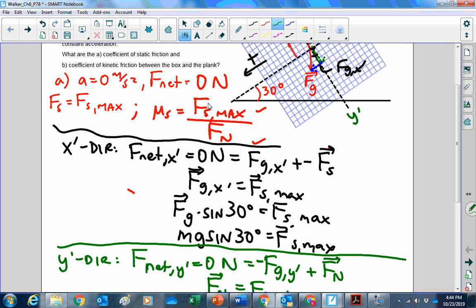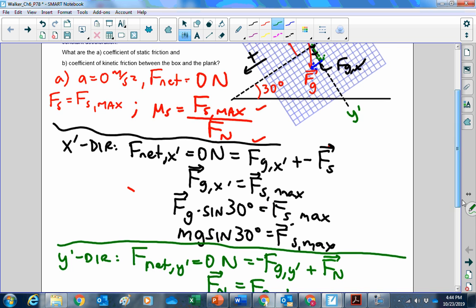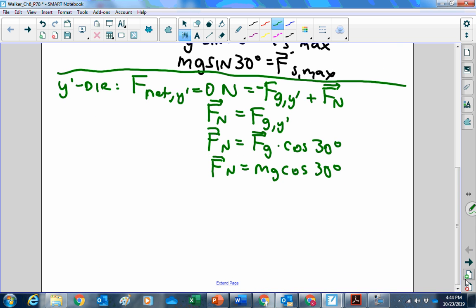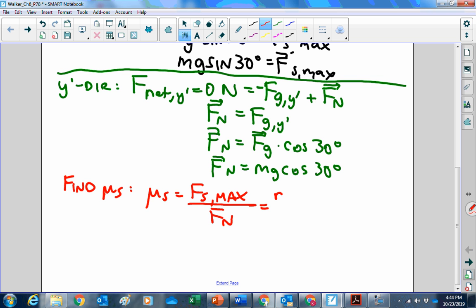So then when I go to solve for mu s, I go back up here, I said mu s would be the force of friction divided by the normal force. Well, now I have an expression for both of those. So when I write this out, I've got mg sine 30 over mg cosine 30. And what I end up getting, these mg's cancel out.